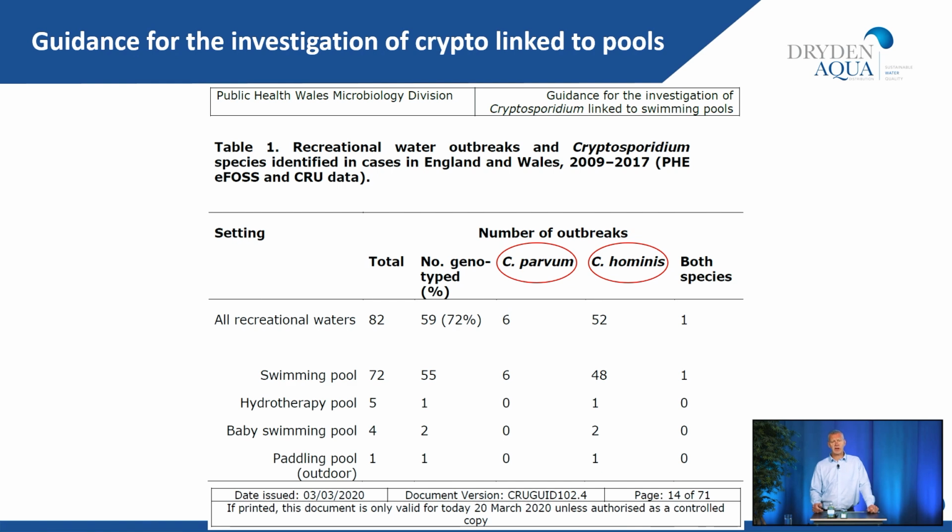And you can see on the findings of this report that the large majority of outbreaks are assigned to recreational waters. In fact, 52 outbreaks. And 48 of those were actually in general swimming pools and a few in hydrotherapy pools. Baby swimming pools, I was quite surprised.